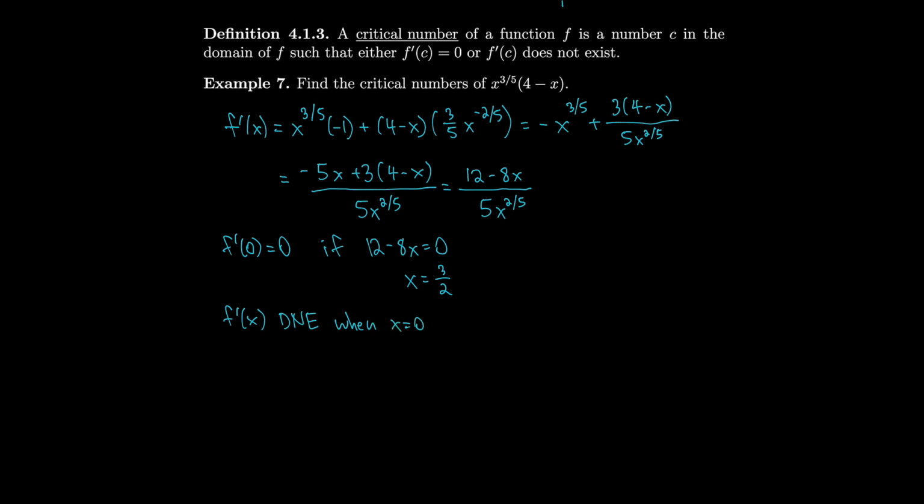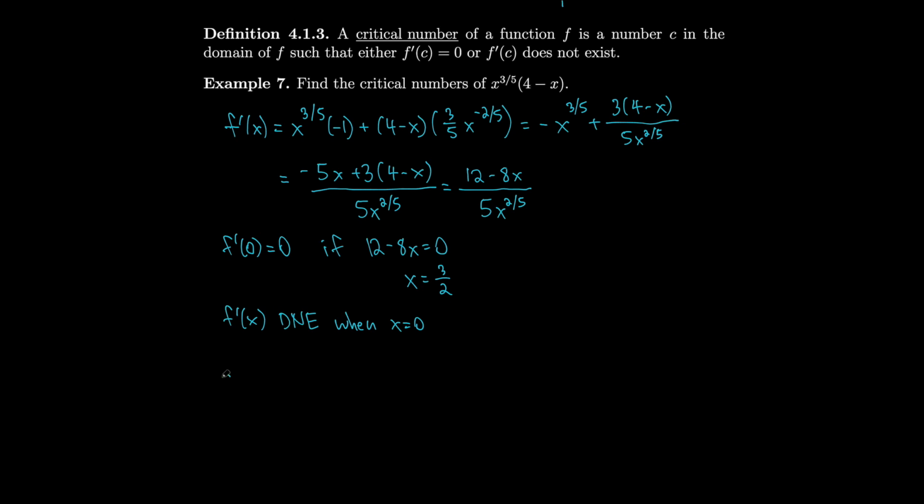Because if you plug in 0, you get 12 on the top and 0 in the denominator, so it wouldn't exist. But if I just want it to be equal to 0, then I set the entire numerator equal to 0, and I can solve and see that x is 3 over 2.